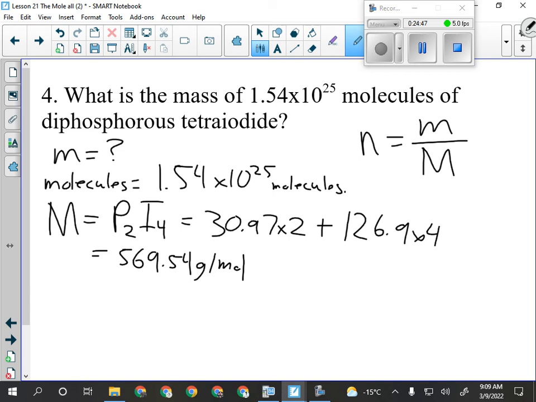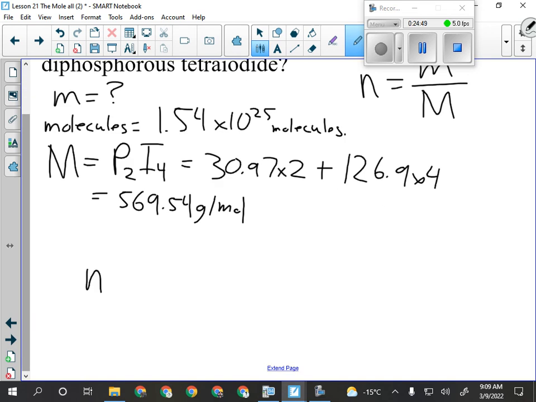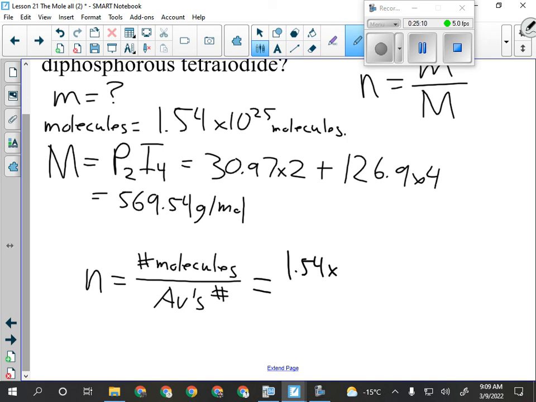Okay, so I'm going to calculate n by going, okay, number of molecules divided by Avi guy's number. I like that. I'm going to keep using that. Avi guy's number. Okay. So that's going to be 1.54 times 10 to the 25 divided by 6.02 times 10 to the 23.